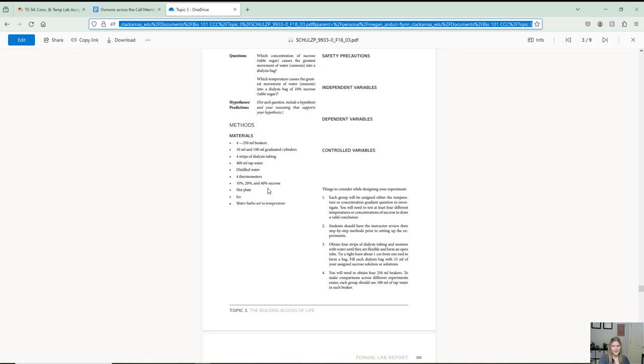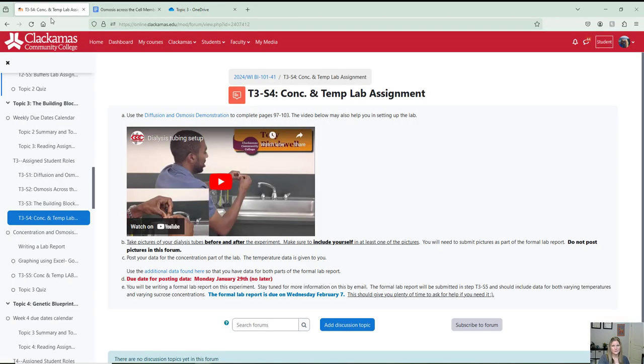You'll have tap water. Again, if you don't have distilled water on hand, you can use tap water. You don't need a thermometer, so don't worry about that. You don't need a hot plate, ice or water baths for that. But you do need your sucrose solutions.